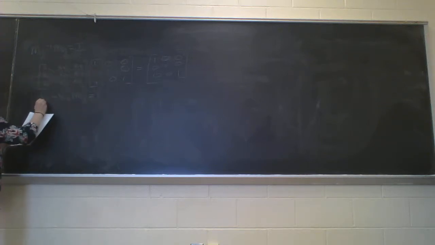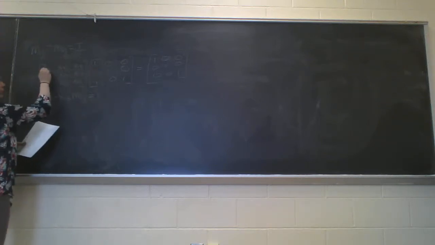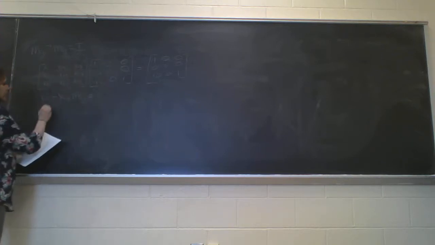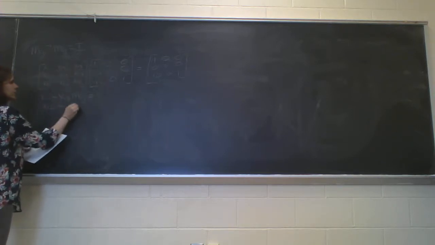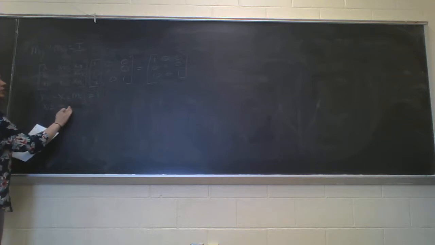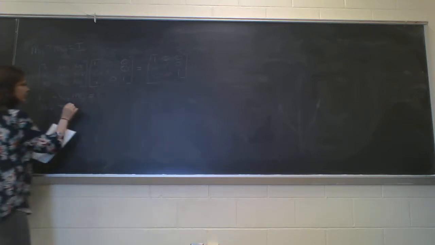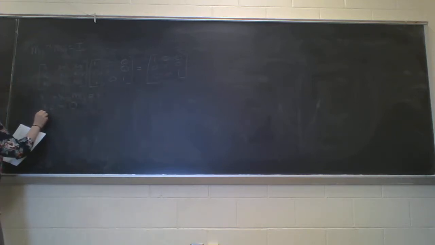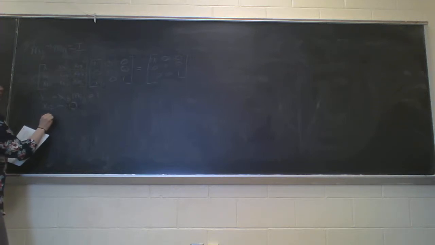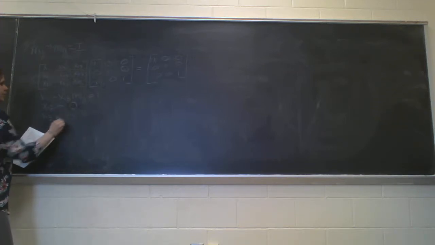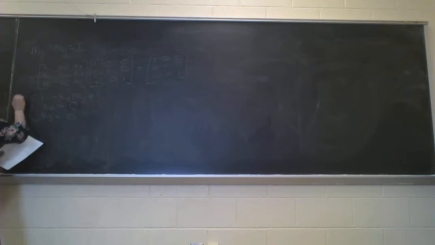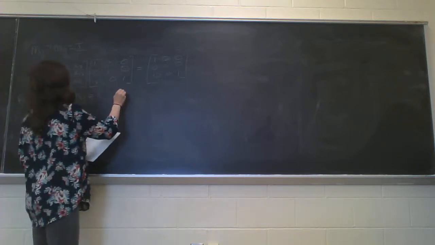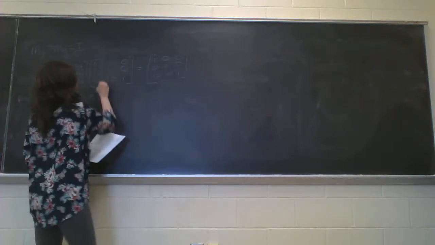The only thing we get from here is that x12 equals 0. And lastly, we get that x13 is also equal to 0. So this is row 1. And then let's take a look at row 2.